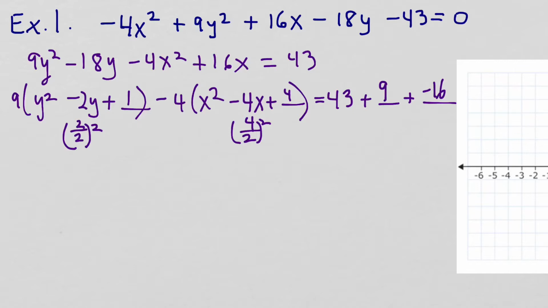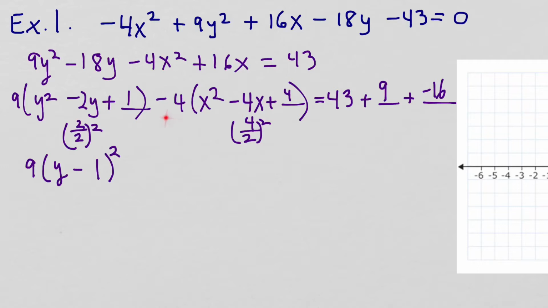Now I'm ready to write the factored form of my perfect square trinomial, which is y being the square root of y squared. Square root of 1 is 1, and the sign is minus. And then I write my little 2 squared.